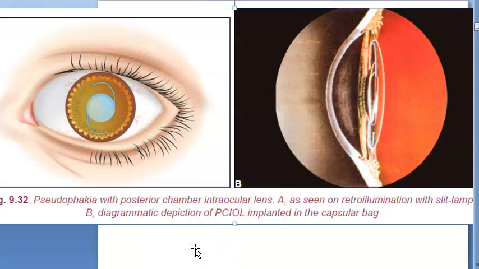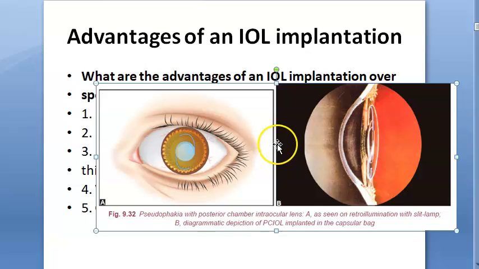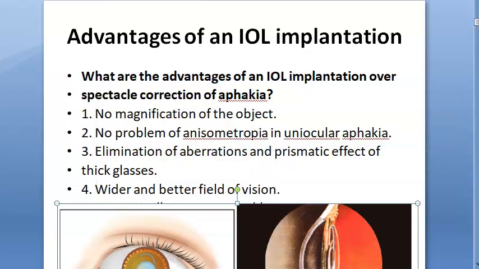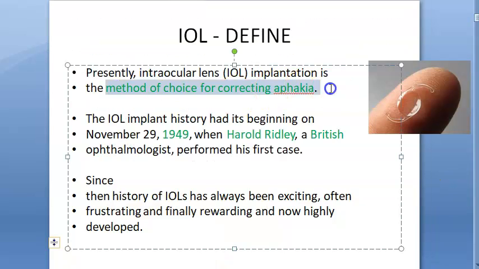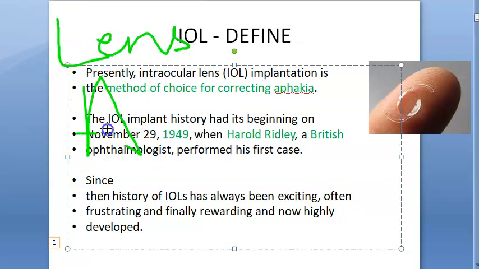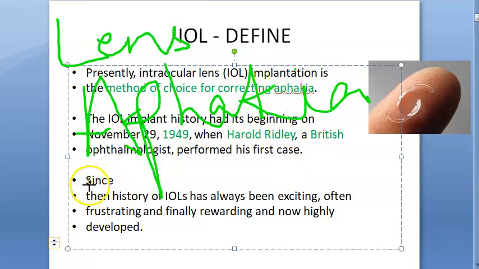Aphakia has been either because of cataract or something, they have removed the crystalline lens, right? And they have put an artificial lens. So it is a method of correcting aphakia. You will have a lens in your eye. If that lens is not there for some reason, mostly surgical, that will become aphakia. Now they will put an intraocular lens.